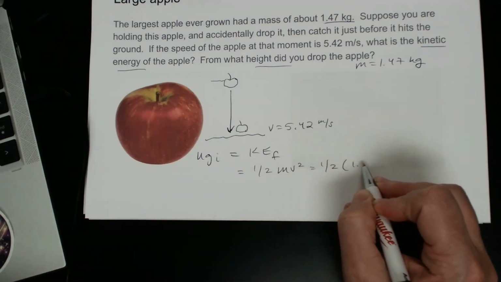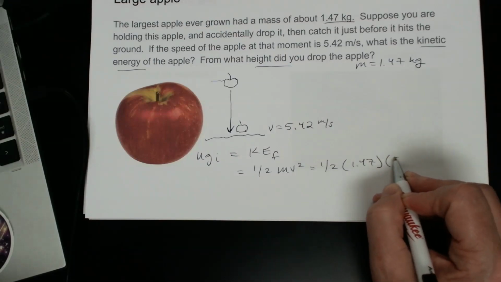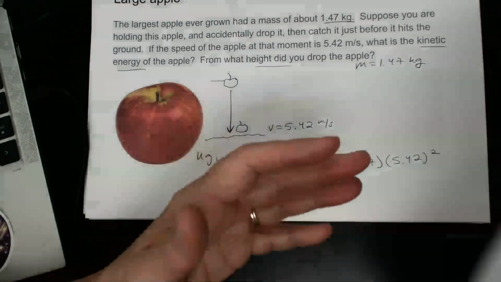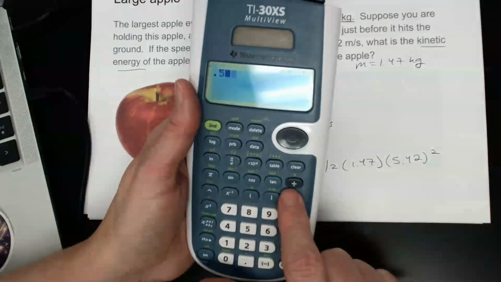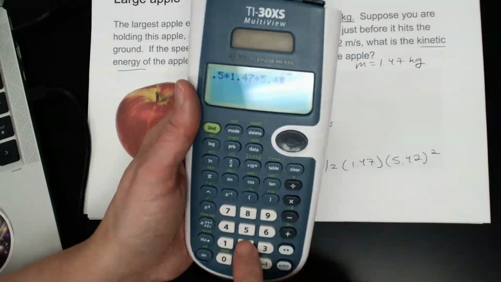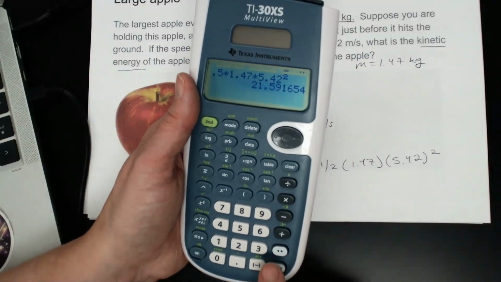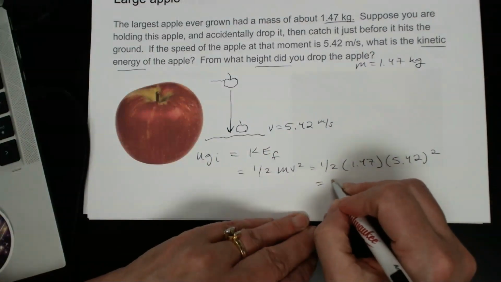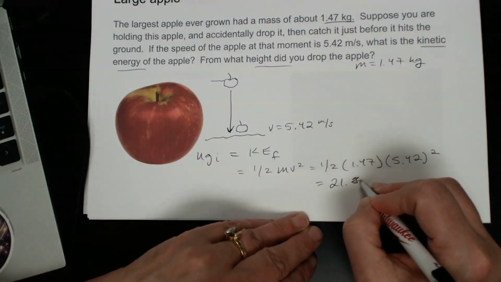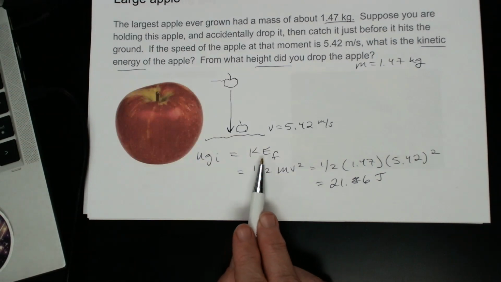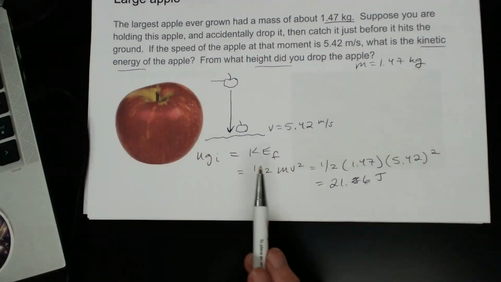That's going to be 1/2 times 1.47 times 5.42 squared, and that's going to be 21.6 joules. That's my kinetic energy. So that answers one question.